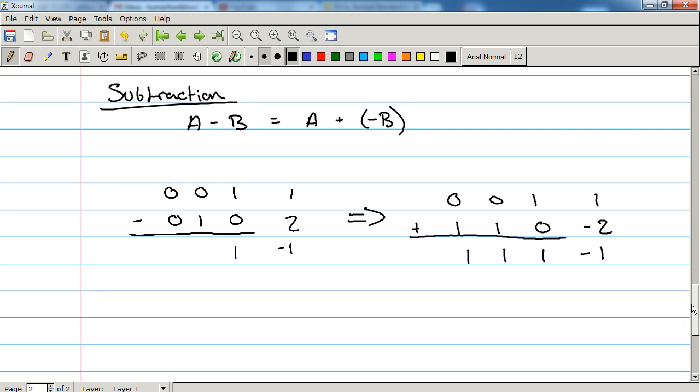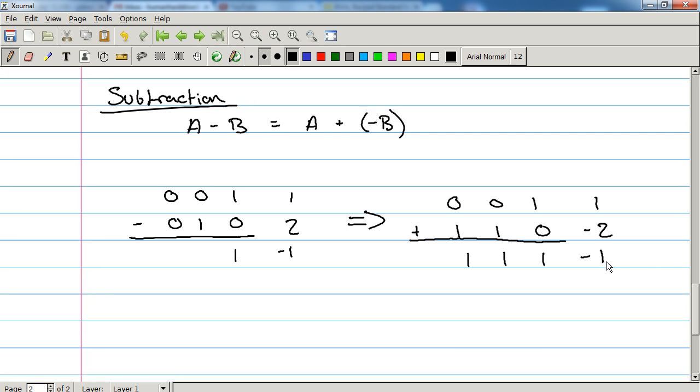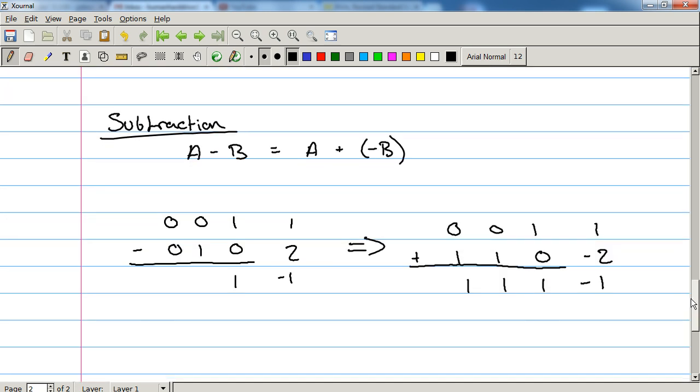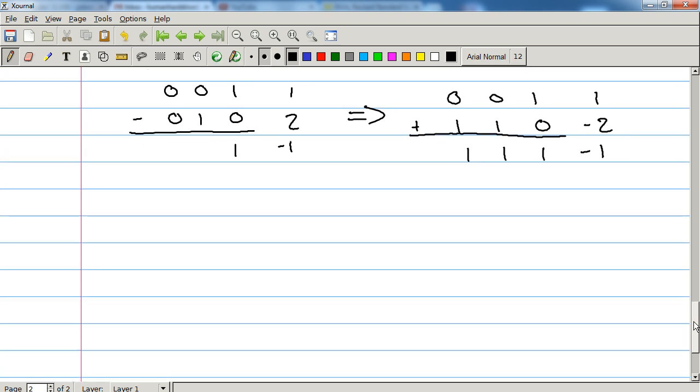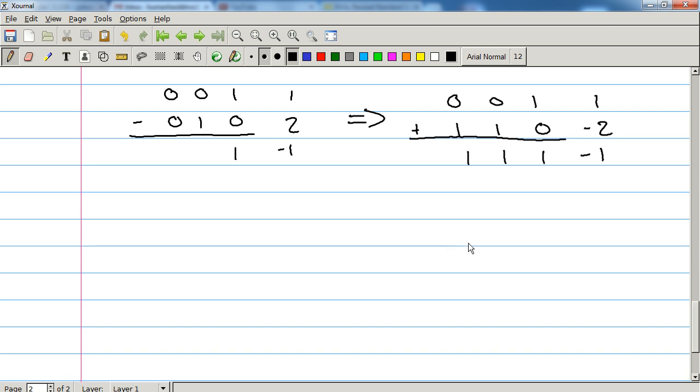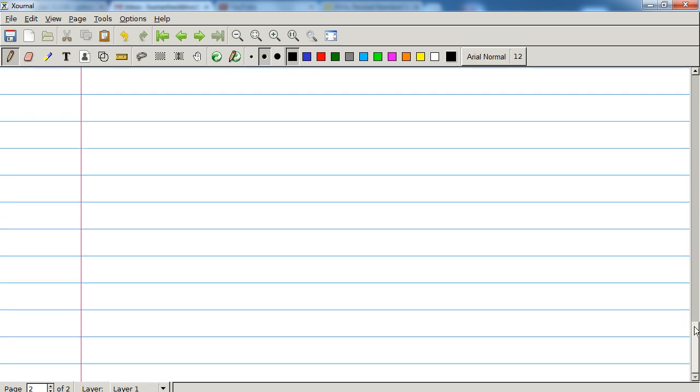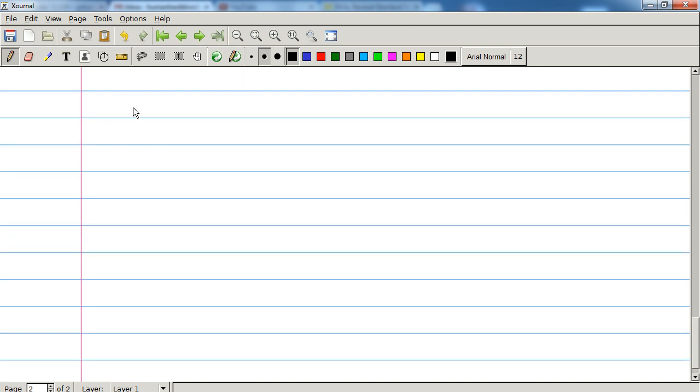Now, let's talk about an interesting case. This is the case I mentioned near the beginning, where you can have a carryout but not an overflow. Actually, before I do that, let's talk about the number wheel, as some people call this. We use a 3-bit system here, 0, 0, 0, and I'll just fill these in.